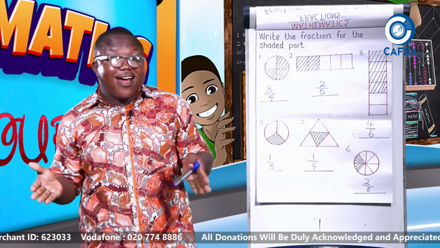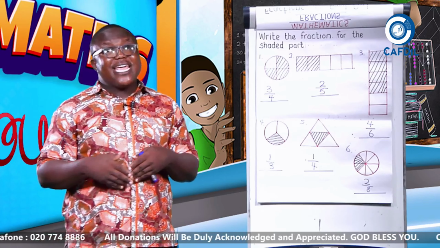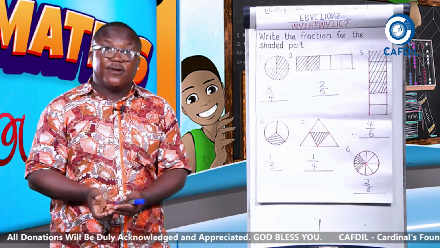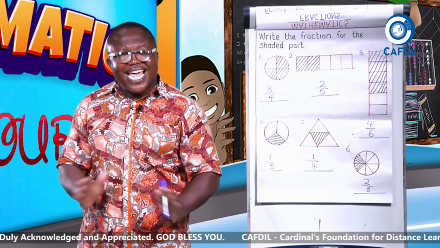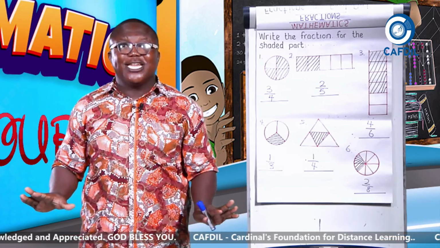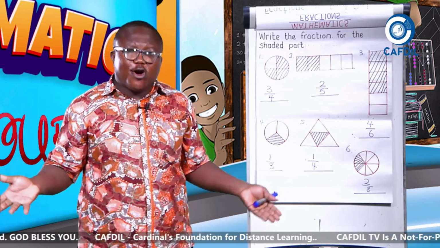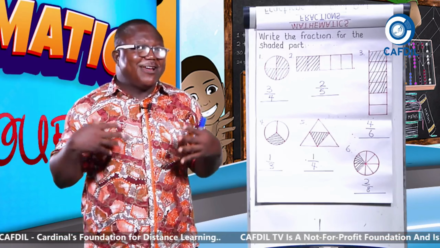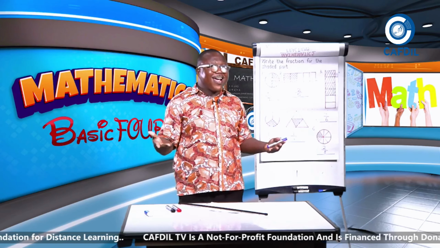It results in quarrels. So when they give you something that you are supposed to share equally among yourselves, learners, try as much as you can to share it equally. And when you share it equally, you bring peace. Peace will be with you all the time. But if you try to cheat your friend, there will not be peace. Sometimes you fight, sometimes you quarrel.